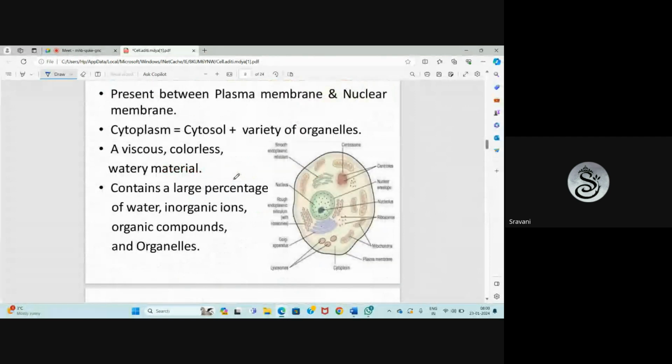Yes, it contains the nucleus also, but the fluid inside the nucleus is not mixed with the fluid outside the nucleus. Right? The fluid inside the nucleus is separated by the nuclear membrane. So when we are saying protoplasm, then we are also including the fluid inside the nucleus.